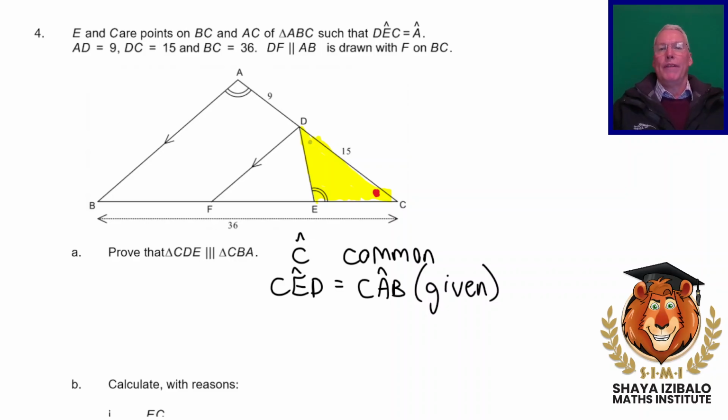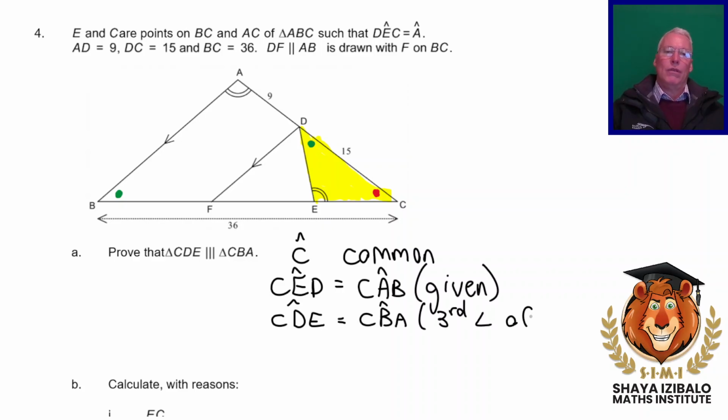We're talking about this angle here, CDE, and this angle here, CBA. So we can now write down angle CDE equals angle CBA. And the reason is third angle of triangle. And therefore the triangles are similar.